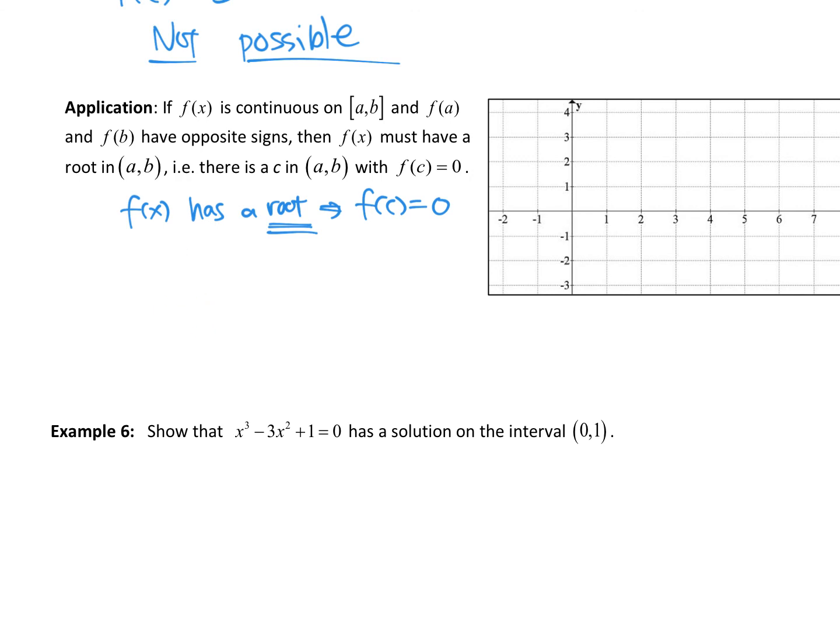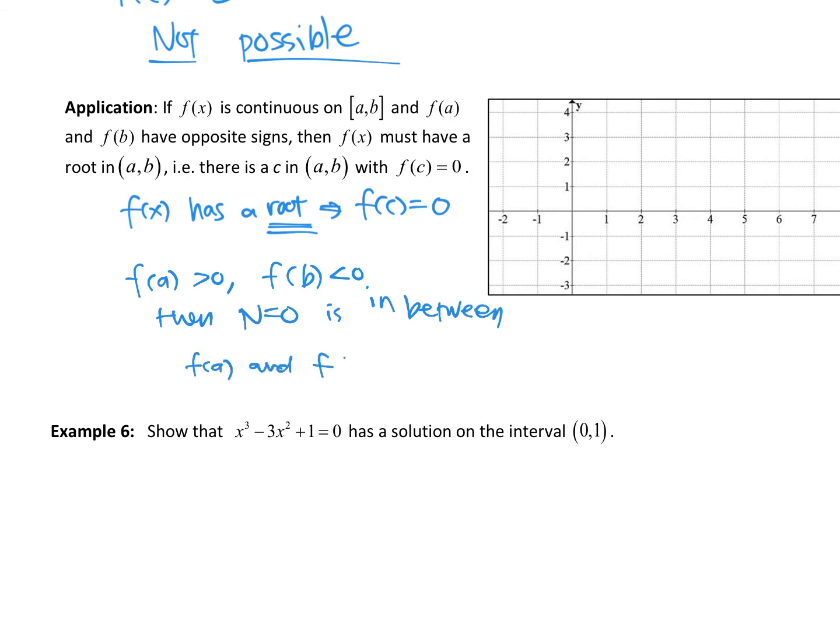So for example, f of a is positive and f of b is negative, then n equal to 0 is in between f of a and f of b. That's exactly what the theorem says. If n is between f of a and f of b, then there is a number c such that f of c is equal to n. In this case, n happens to be 0. That's why we have a root.